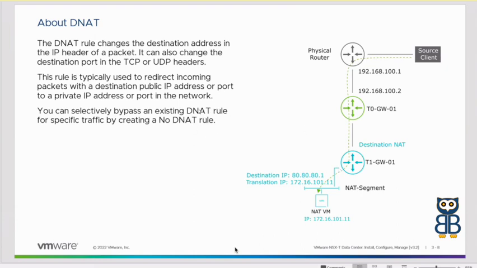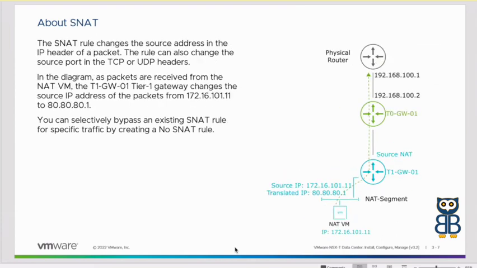You also have this option of configuring no source NAT or no DNAT rules. This is to explicitly define that for a specific communication, you don't want the router to do a source NAT or a DNAT.